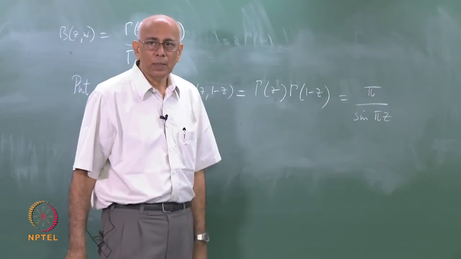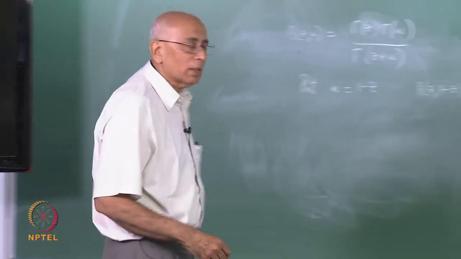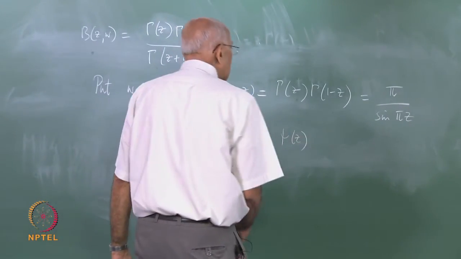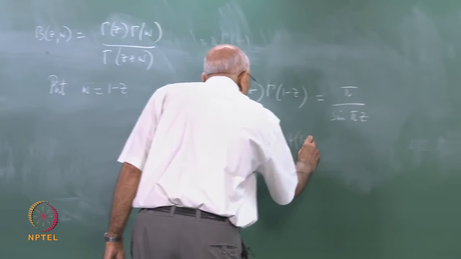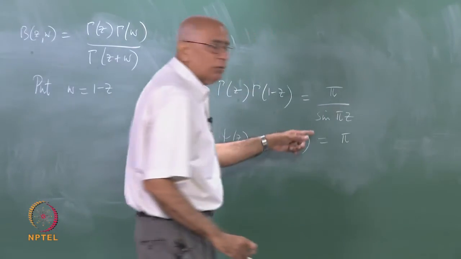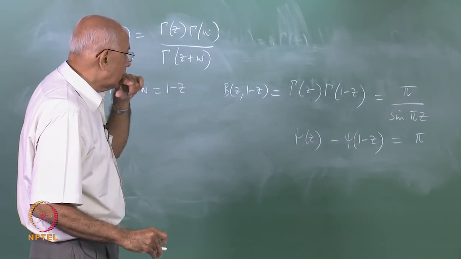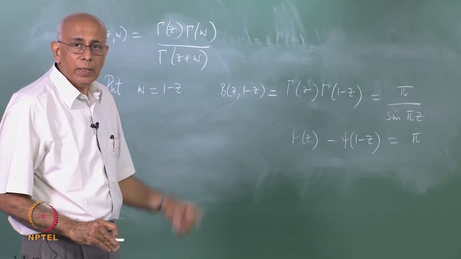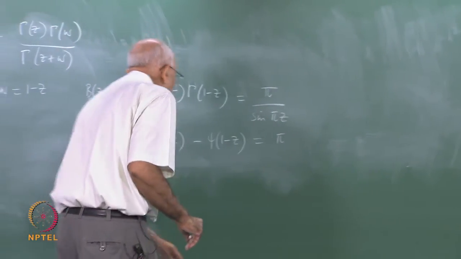Now again you can take logs on both sides and differentiate. So you can get again a relation which will tell you psi of z minus psi of 1 minus z is equal to pi cotangent pi z. When I take the log and differentiate, I get a minus sign, so I have to get rid of that minus sign.